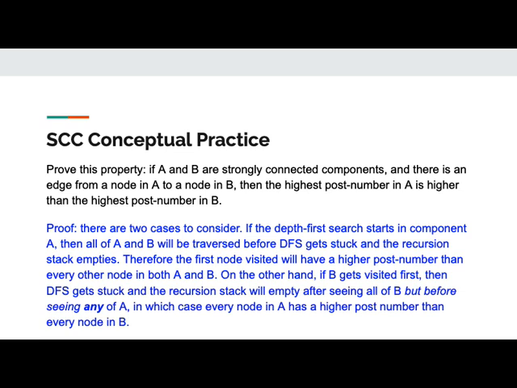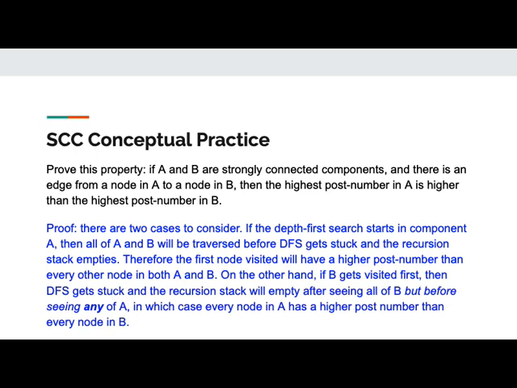The first case, it goes through all the vertices in A first, and then goes to everything in B, and then goes back. In that case, because for exploring B, you have to pop off B and then pop off the node in A from the stack, there must exist a post number that is higher in A.